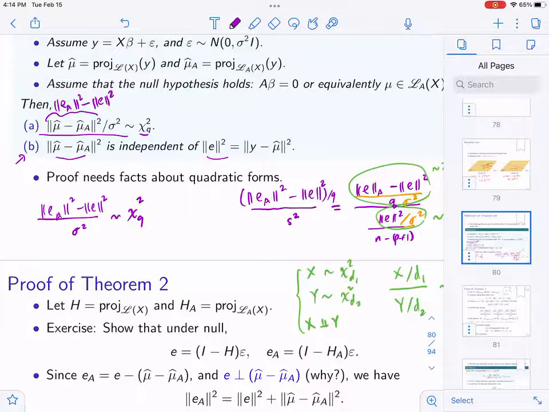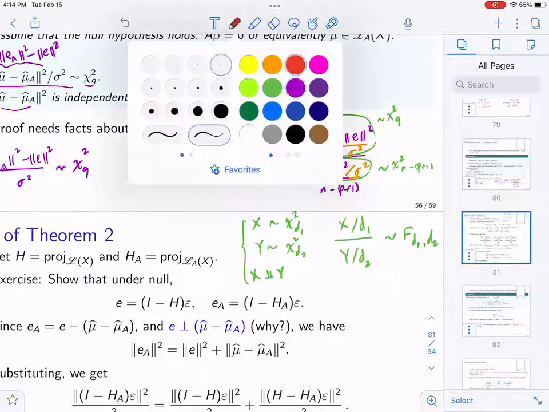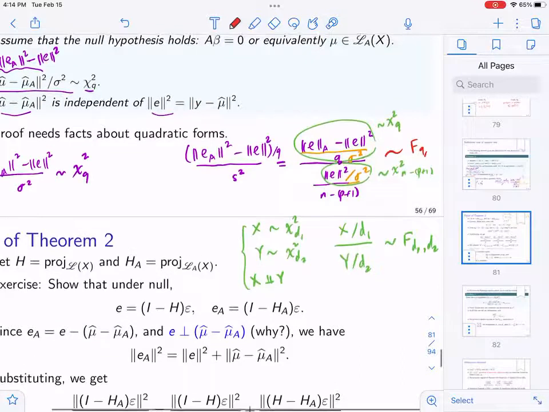The numerator is a deterministic function of this, and the denominator is a deterministic function of this, so the random variable on top is independent of what is on the bottom. So this whole thing is going to have an F distribution with q and n minus p plus 1 degrees of freedom.